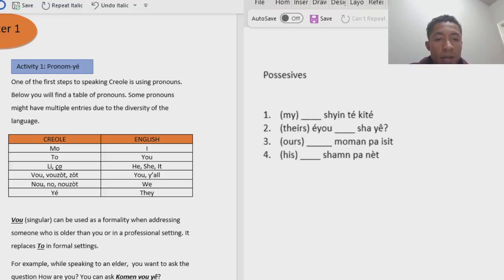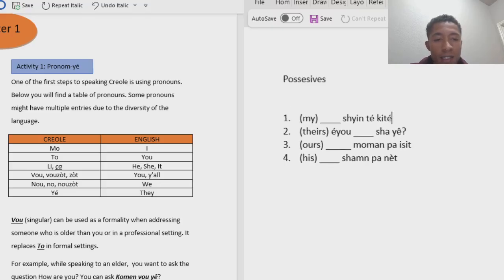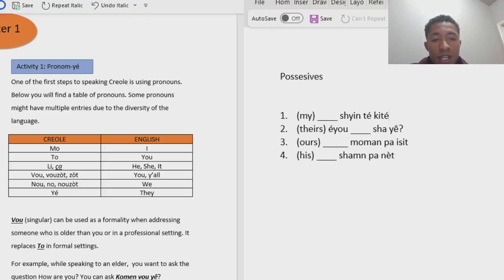Now let's get into the practices. So number 1, my. Blank chien te quitte. Blank dog left. What word should we put in this blank?